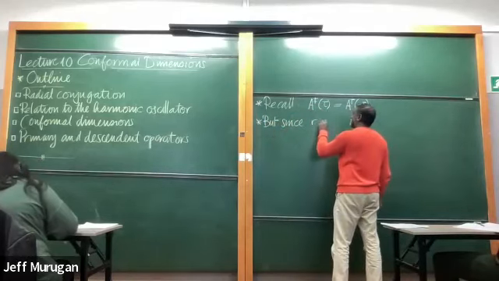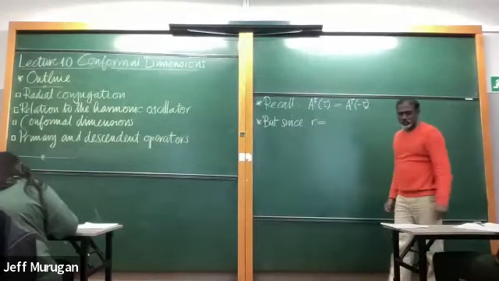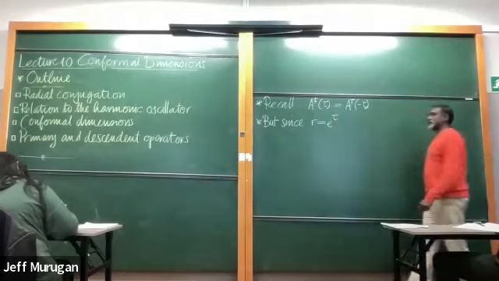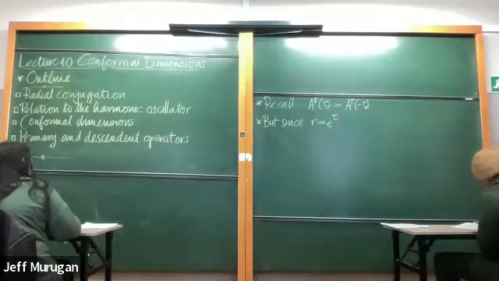But we know also that the radial variable r is defined to be e to the tau, where tau is Euclidean time.